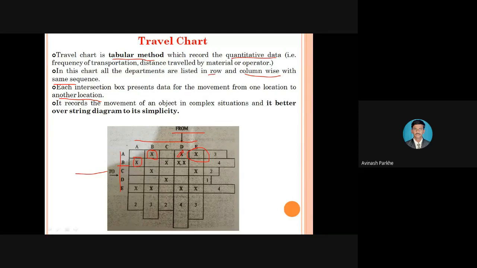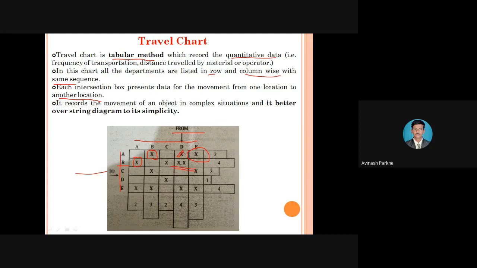But sometimes at the center of that particular rectangle, 2 times X is written. You can see here 2 times X is written, means there are repetitive movements taking place either from B to D or D to B. So whatever the number of repetitive movements taking place from one department to another department, that double movement can be represented by the double X. But in other conditions only one X is written.